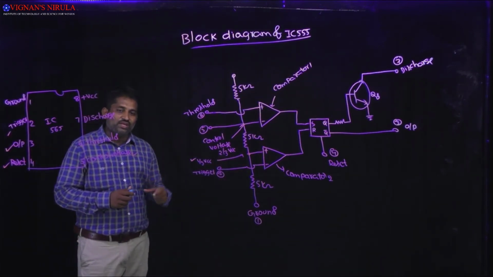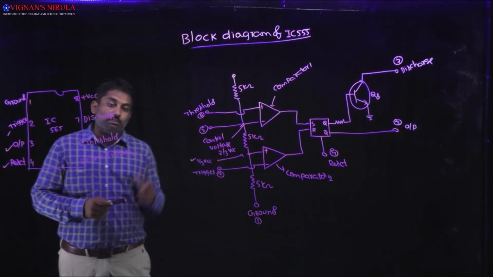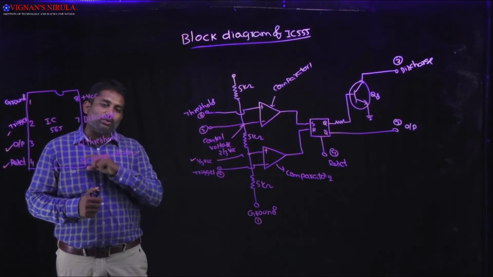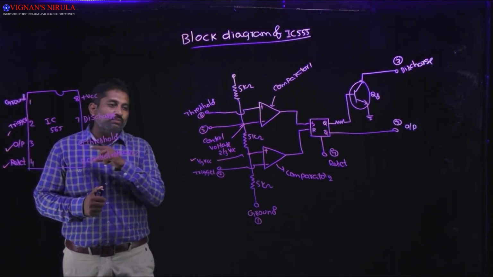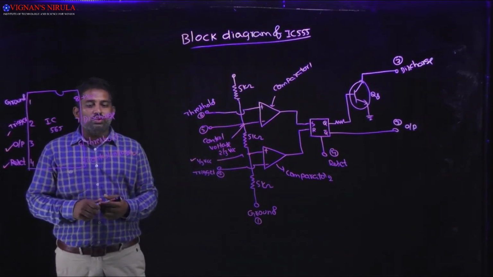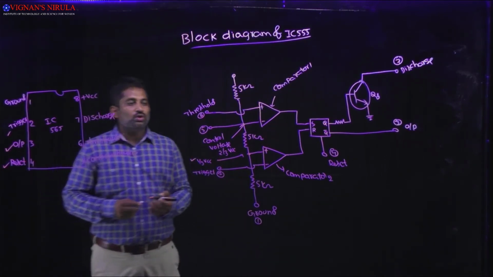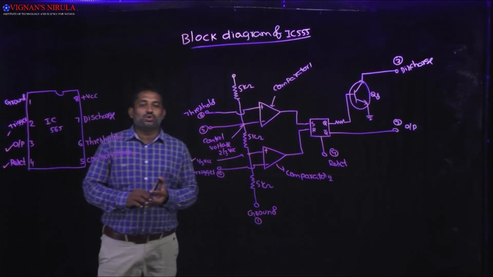IC 555 internally has a 2/3 VCC voltage, but in some applications we require an external control voltage. At that time you have to apply the external input through this fifth pin, which is the control voltage. Next, coming to the sixth pin, which is the threshold voltage.